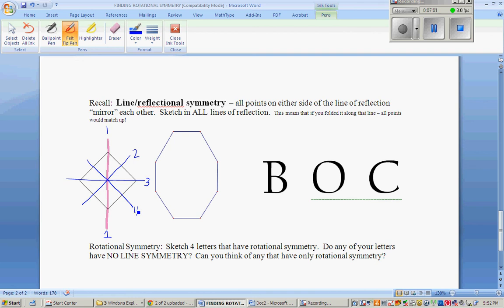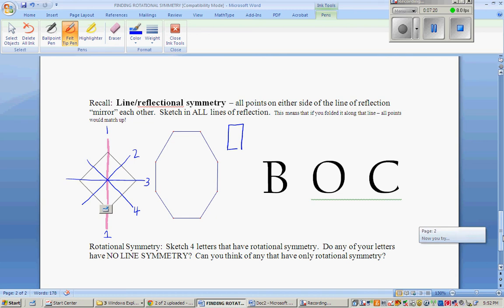So I want you to draw in all the folds that are possible. Remember, when it's a long shape like this, it's very similar to when you have a rectangle. And put in all the lines of reflection or lines of symmetry that you can on the next few shapes.